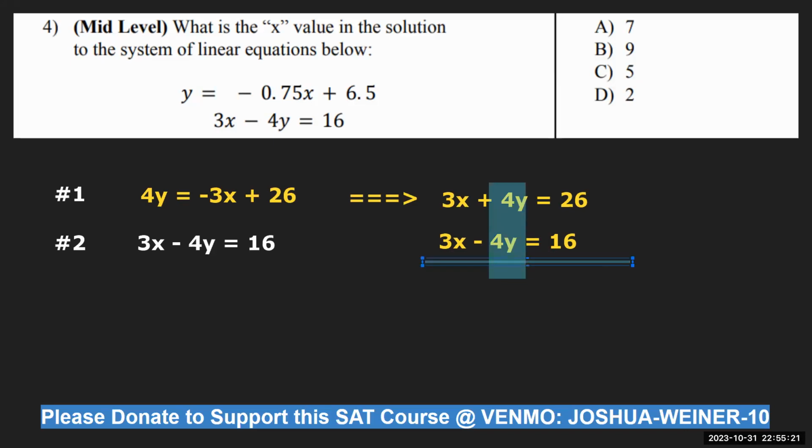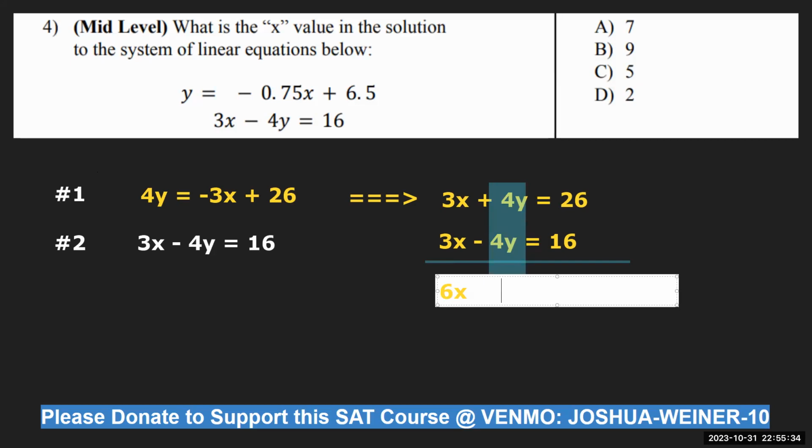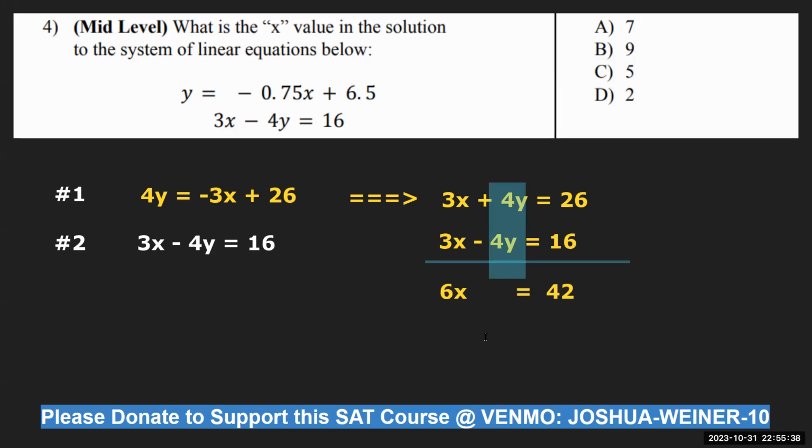Lo and behold, by addition, we shall have 6x plus 0y is 42. And then simply dividing both sides by 6, x equals 7. So the correct answer was A, 7, for question number 4.